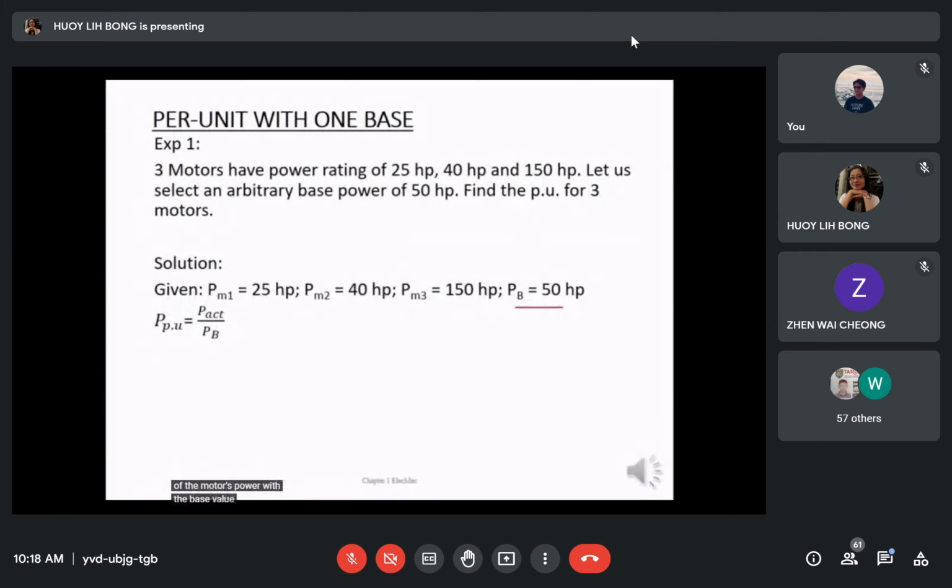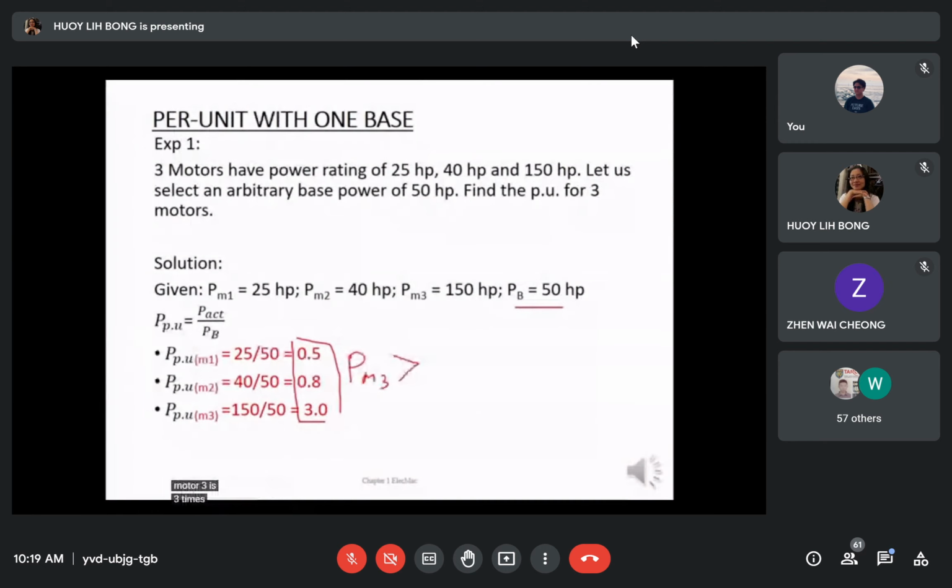For motor 1, 25 per 50, motor 2, 40 per 50, and motor 3, 150 per 50. From the result, we can see that motor 3 is 3 times higher compared to motor 1.